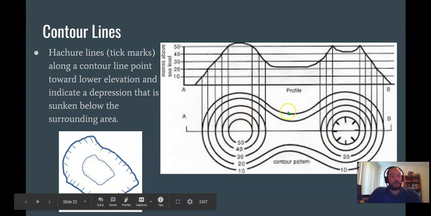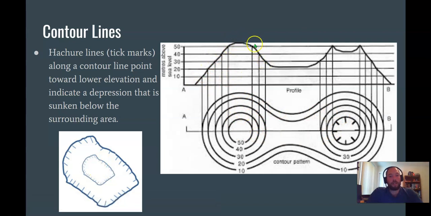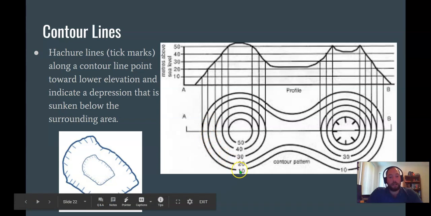If we look at this example, we have a large hill with a rounded top, and then a second hill that is shaped a little bit more like a volcano, so it has a crater at the top, right? The way they're created is we know that from a contour line to its adjacent contour line, we have an increase in elevation by 10.